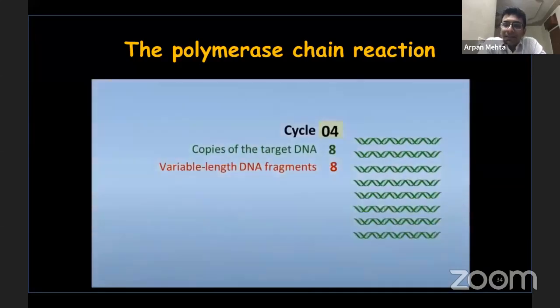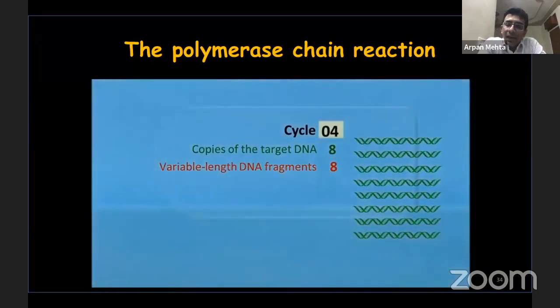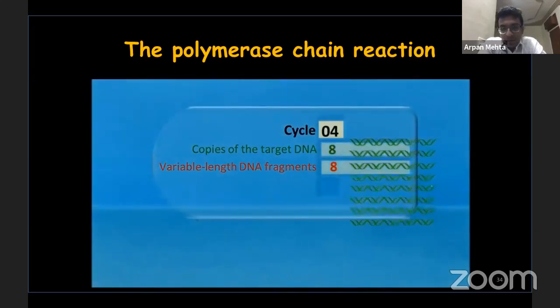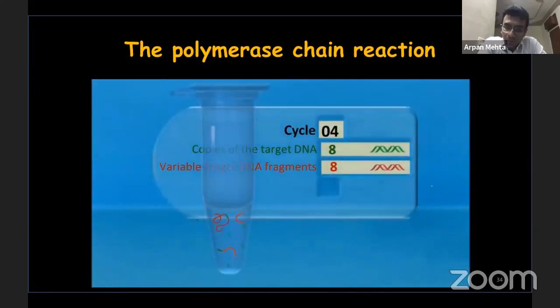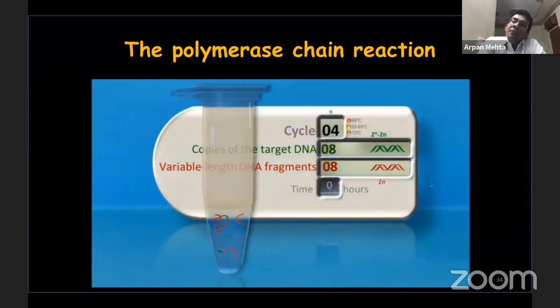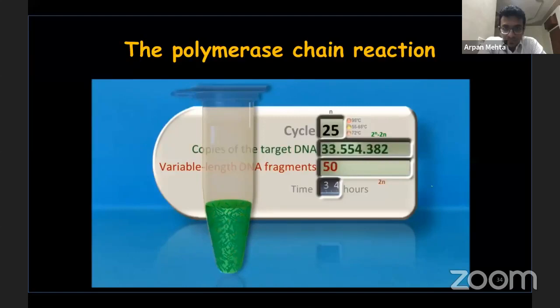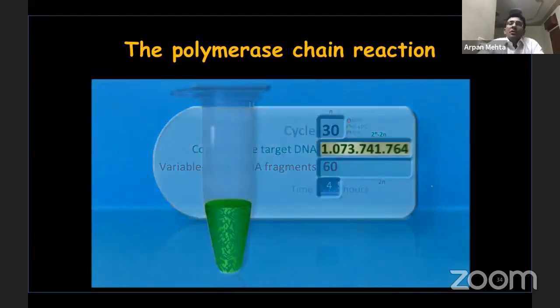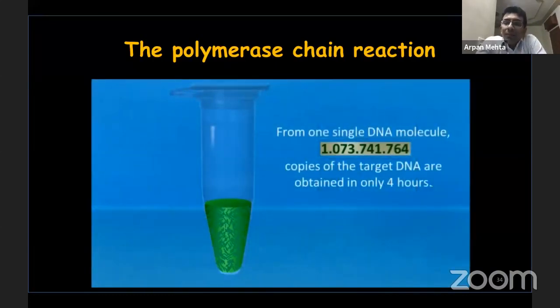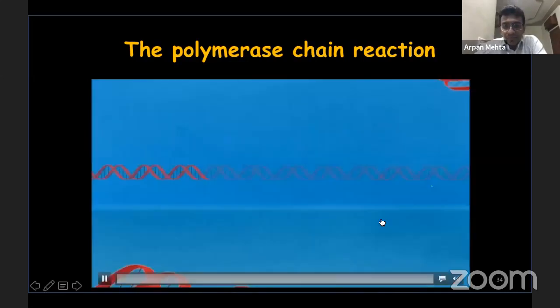Now with each cycle, the copies of target DNA will start doubling. So 2 will become 4, 4 will become 8, 8 will become 16, 32, and so on. So from one single DNA molecule, at the end of 4 hours, we get so many copies of target DNA.